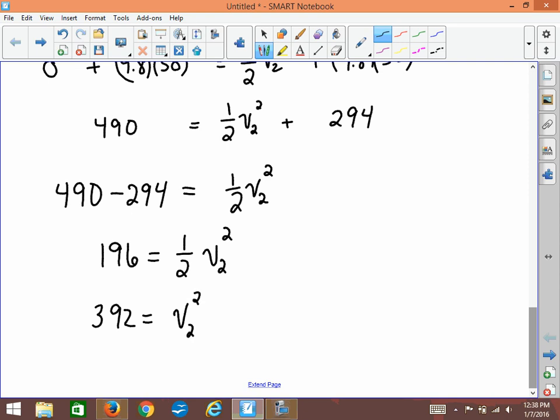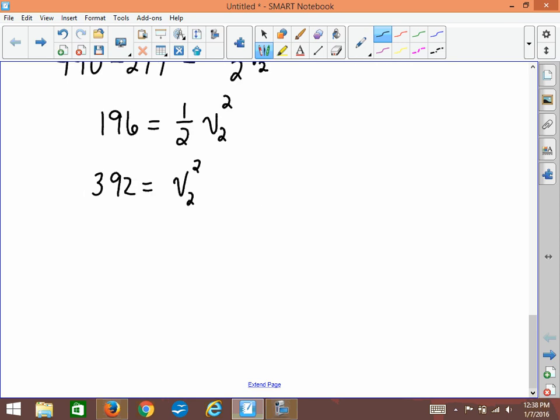Okay, and now we take the square root of both sides, and if you take the square root of both sides, you'll get 19.8-ish equals v2. So that means that the speed is 19.8 meters per second.